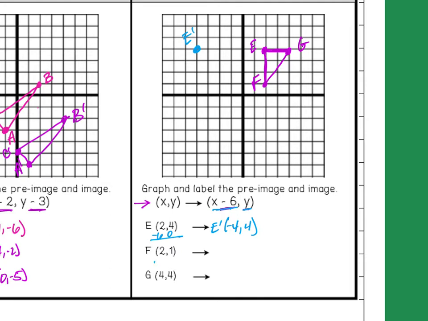Woo! And then we've got -6 and 0. For F prime, and that's -4 and 1 again, okay? So -4, 1, 2, 3, 4, and 1 is F prime, great. -4 and 0, so that's going to be 2 and 4.